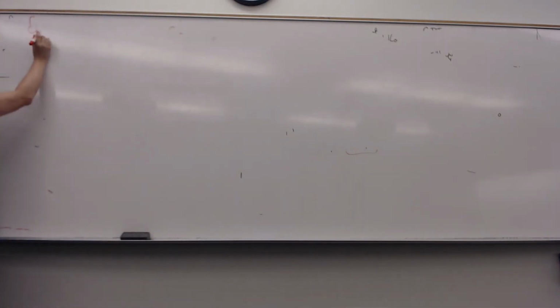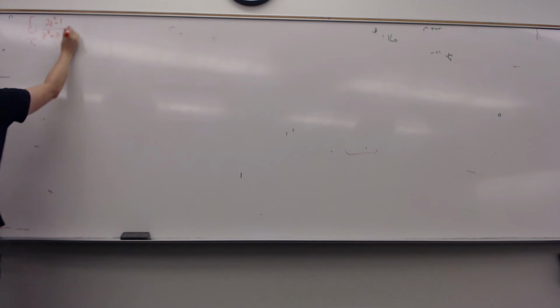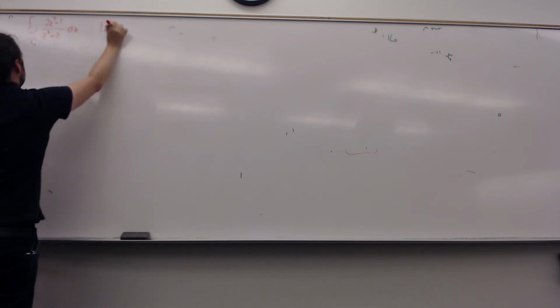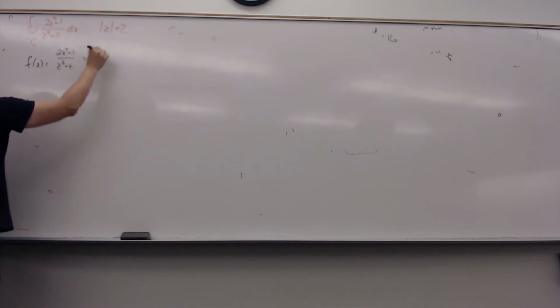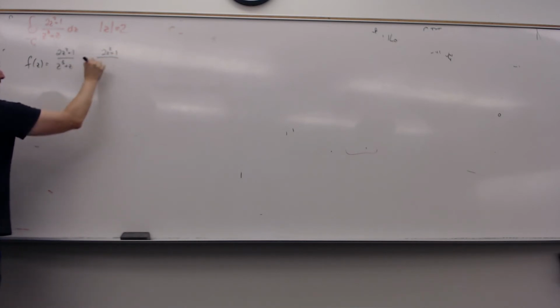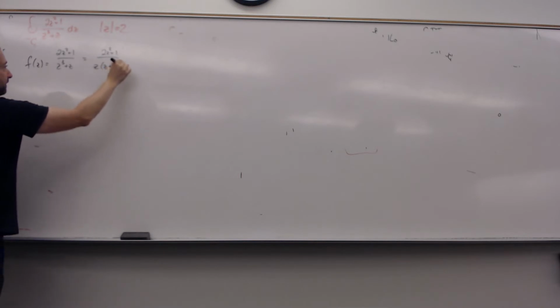How about the integral around a contour C of the function (2z² + 1)/(z³ + z) dz, where we have the contour of radius 2 centered at 0. f(z) is (2z² + 1)/(z³ + z), which is the same as (2z² + 1)/(z(z + i)(z − i)).